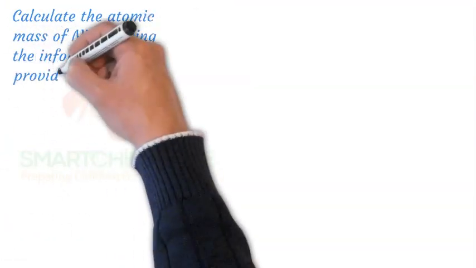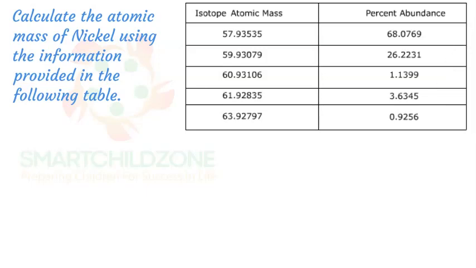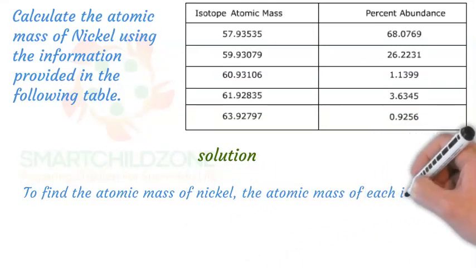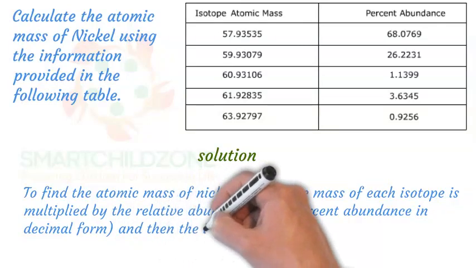Calculate the atomic mass of nickel using the information provided in the following table. To find the atomic mass of nickel, the atomic mass of each isotope is multiplied by the relative abundance.